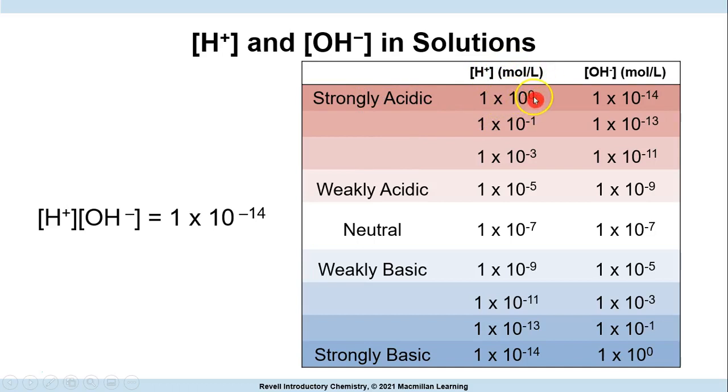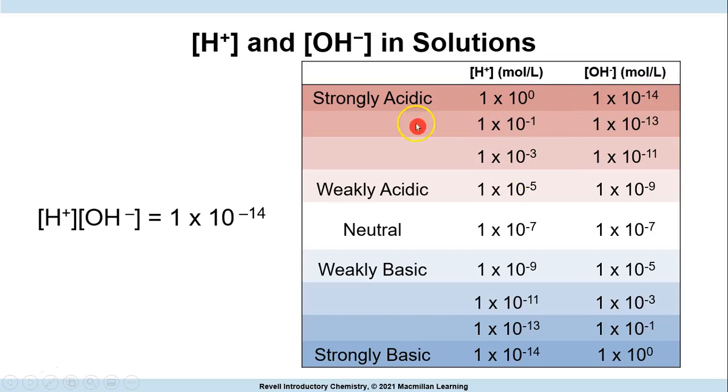Remember, 1 times 10 raised to the power 0 is 1. So here we'll have 1. So if we multiply that, the hydroxide ion is going to be 1 times 10 to the minus 14, because their product must always give you 1 times 10 raised to the power minus 14.